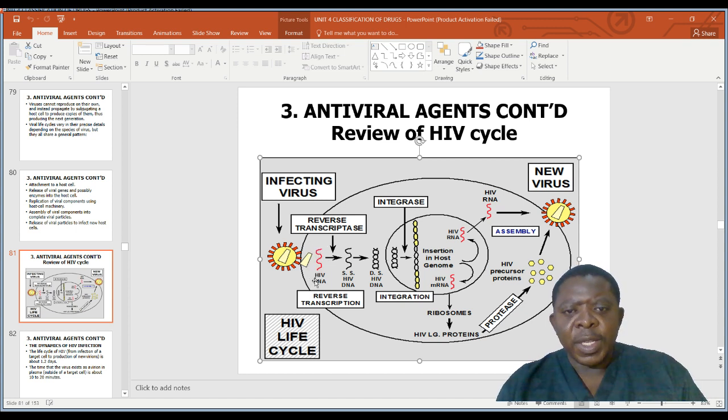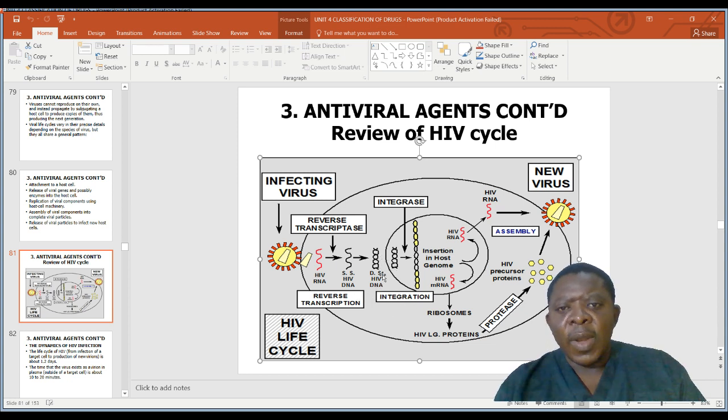When it releases its content within the host cell, we have the reverse transcriptase. That is, it is trying to combine the HIV RNA into the human DNA. Here we have the HIV DNA: the HIV RNA has been combined into the human DNA with the assistance of the enzyme reverse transcriptase.